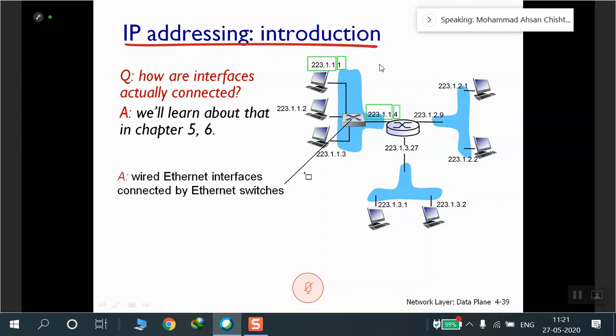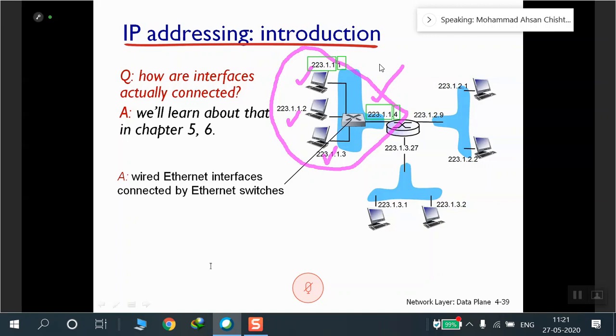The first part is common to all those nodes which are within the same network or the same LAN. I will encircle them with pink. They are connected to this switch and through this router node. All the nodes within it have the same first 3 bytes in this case.